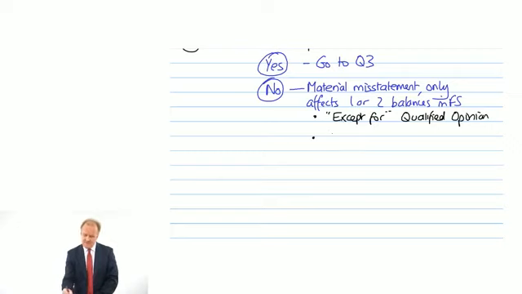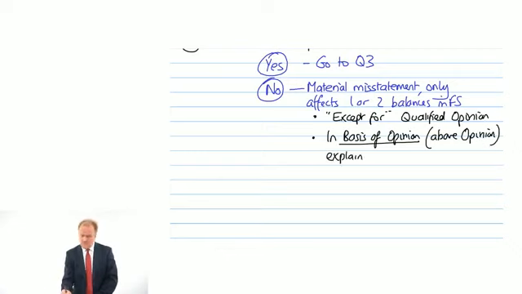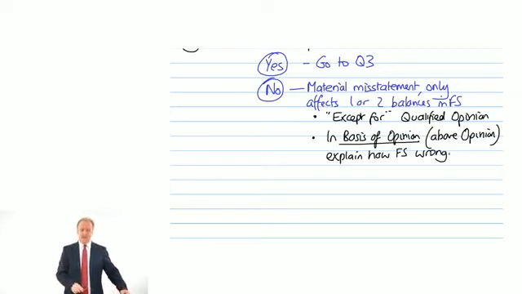And just as we did above, in the basis of opinion section, above the opinion, we explain how the financial statements are wrong. So very similar to the previous one.